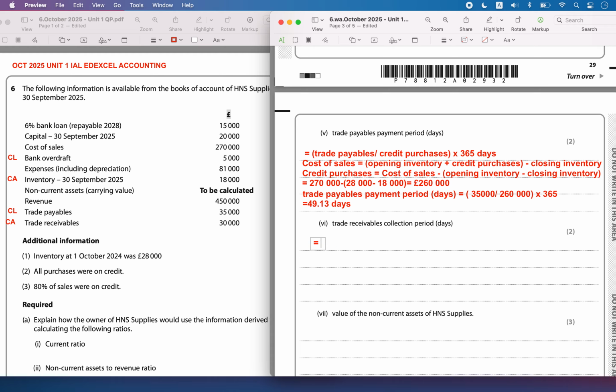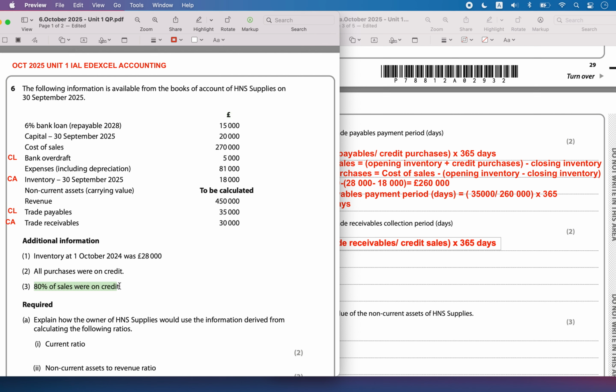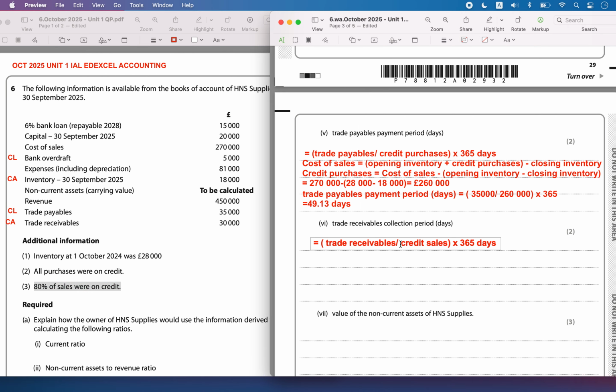Then trade receivables collection period in days. That is trade receivables divided by credit sales, and then multiplied by 365 days. Here it is given that only 80% of the sales was credit, so we have to take only 80% of the sales.